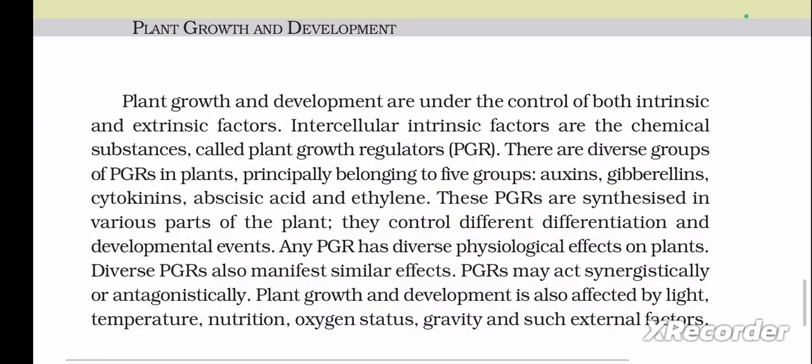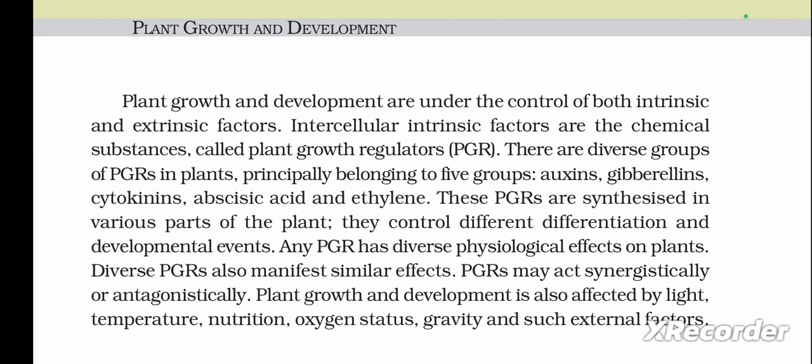Plant growth and development are under the control of both intrinsic and extrinsic factors. Intercellular intrinsic factors are the chemical substances called plant growth regulators, PGR. There are diverse groups of PGRs in plants, principally belonging to five groups: auxins, gibberellins, cytokinins, abscisic acid, and ethylene. These PGRs are synthesized in various parts of the plant.